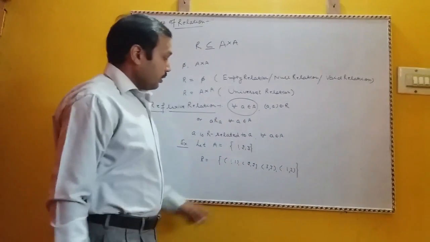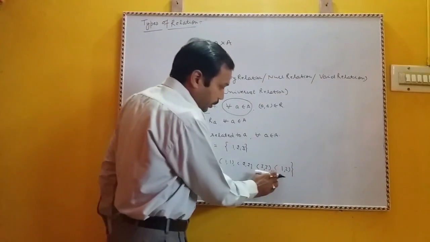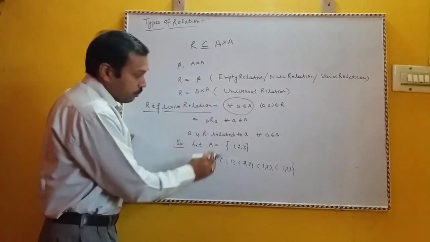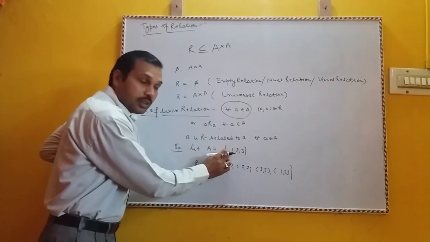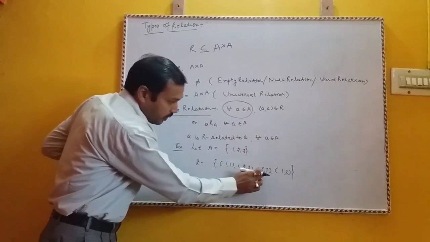So the only necessary ordered pairs for the relation to be reflexive are 1 1, 2 2 and 3 3. There also can be any other ordered pairs, 1 comma 2 or etc. So the only requirement here is that all elements must have mirror image, that is 1 1, 2 2, 3 3.